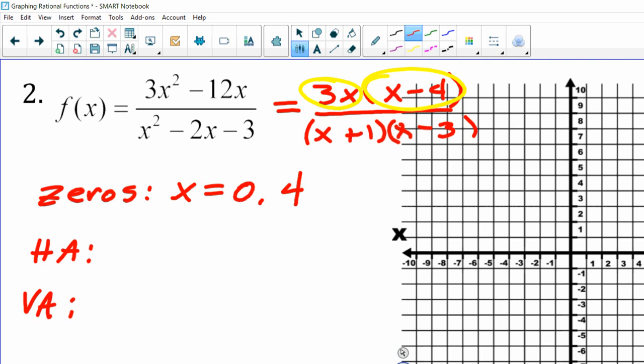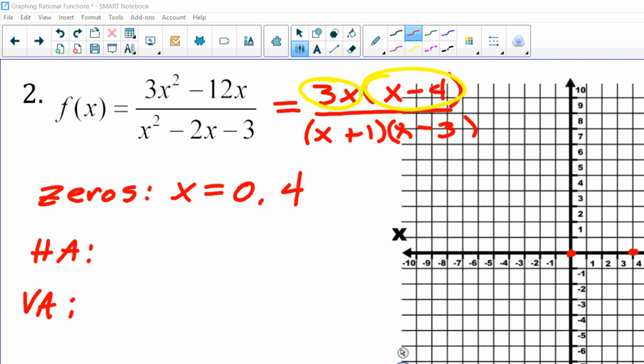Now, if we go over to your graph, x is 0, x is 4. Okay, that's fine. Horizontal asymptote. You compare the exponents, the degree.